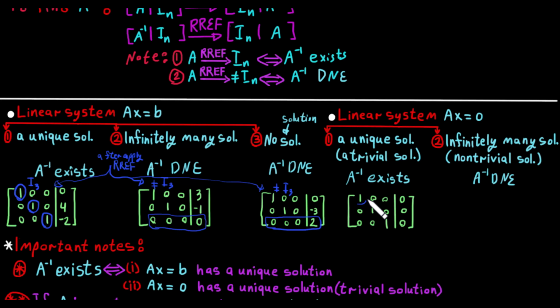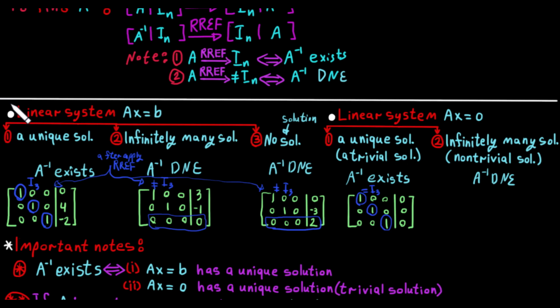So here we have leading one, leading one, leading one. So here it's equal to identity with size 3. That's why A inverse exists, because you can transform A to identity. But here and here, you cannot transform it to identity. Therefore, A inverse does not exist in both of these, and of course here as well.